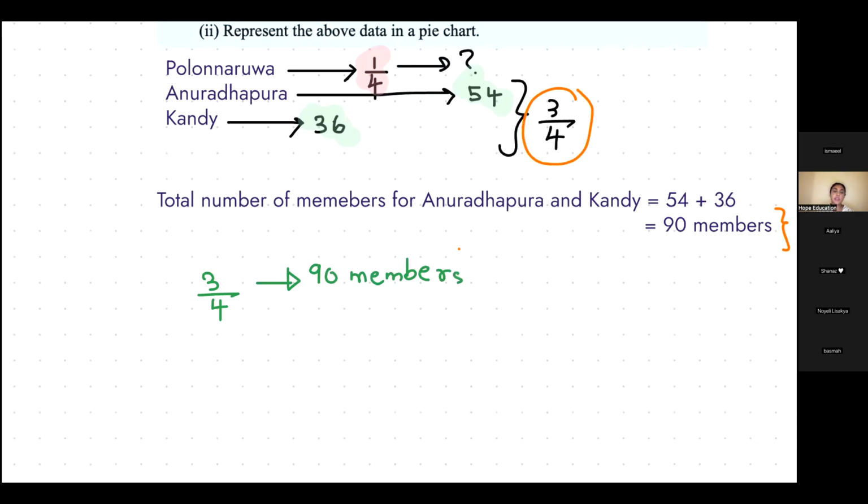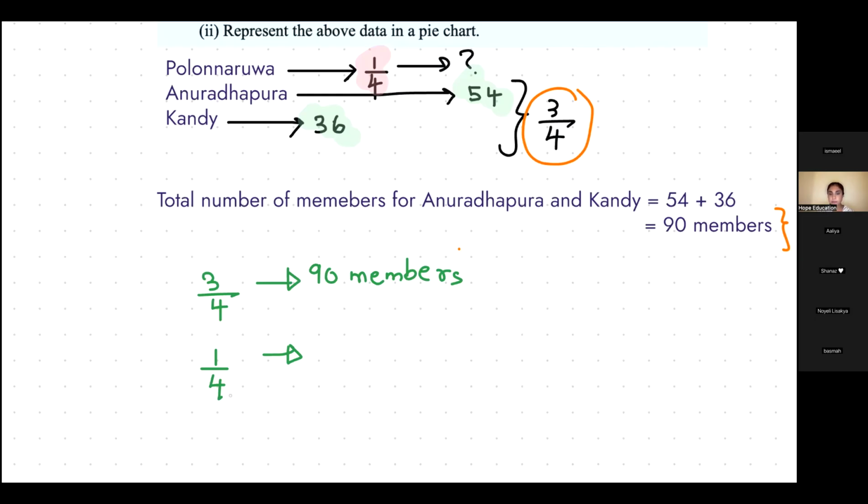Then how many members are represented by 1/4? 30. 3/4 is 90 members, so 1/4 is 30 members.